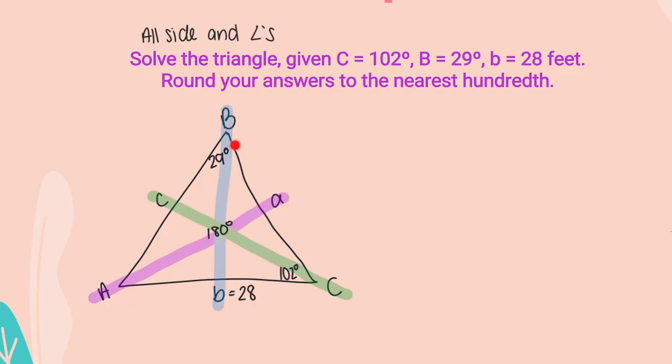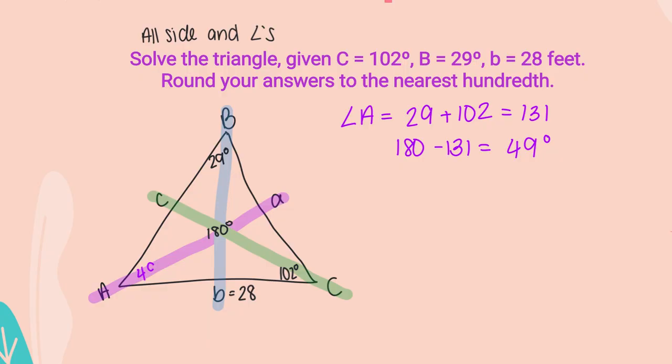So if I have two given angles, how would I find the third? All I have to do in order for me to find angle A is add the two. 29 plus 102. If you add it, you're going to get 131 and then subtract it from 180. And you're going to get 49 degrees.